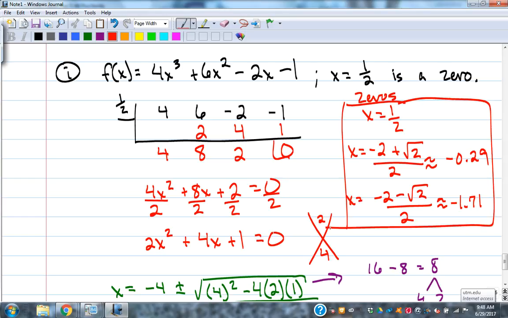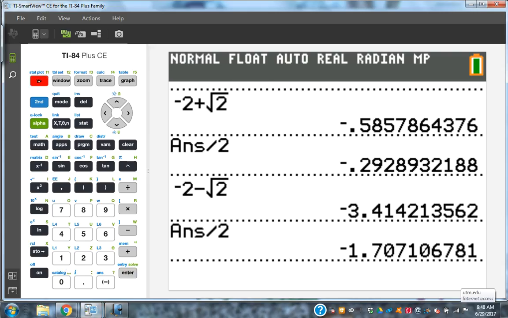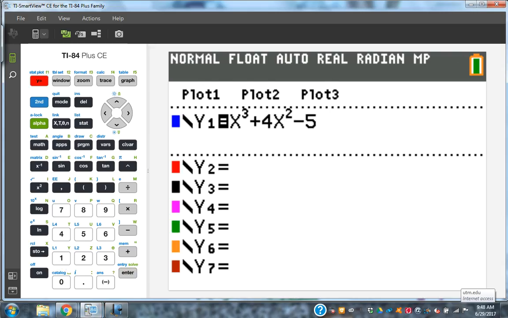If I were to look at the graph of this polynomial, that's what I want to do, because I want to start relating that to that graph, because that's what you're going to be doing here. 4x raised to the third plus 6x squared minus 2x minus 1.